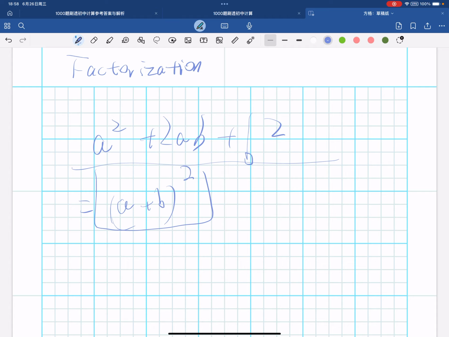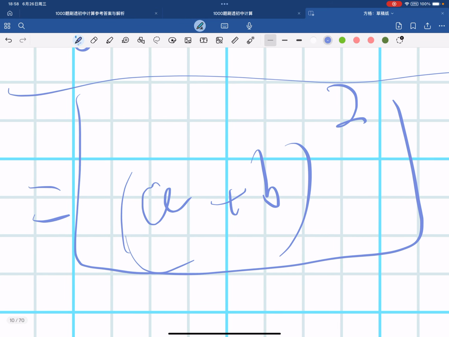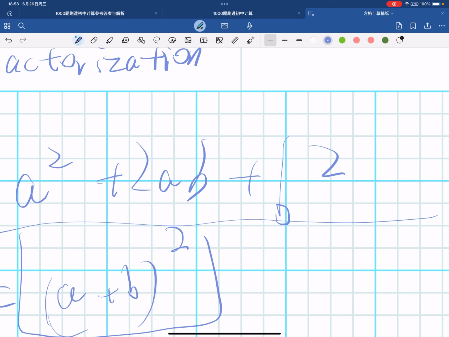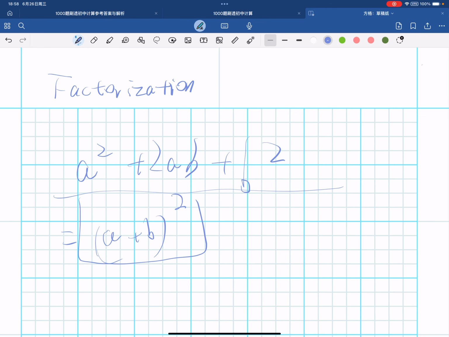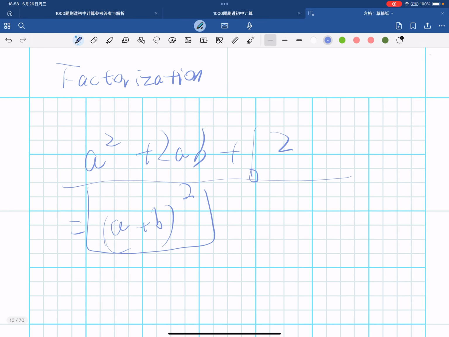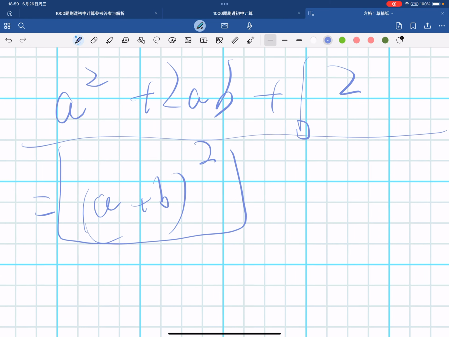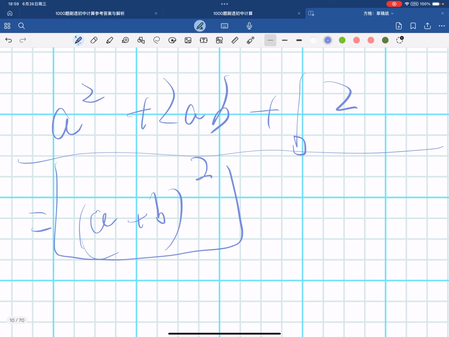But when you look at (a plus b) squared, can you, using some technique, bring it back to the sequence upward?